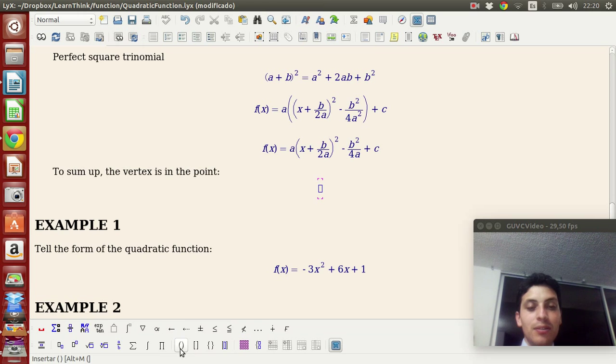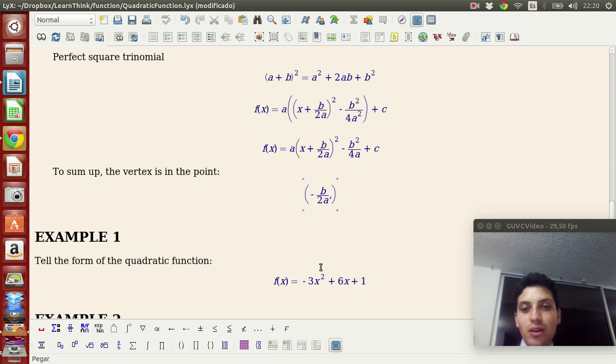But now, using graph functions, we notice that this is minus h, so the point is minus b divided by 2a, comma, and this is the other part.